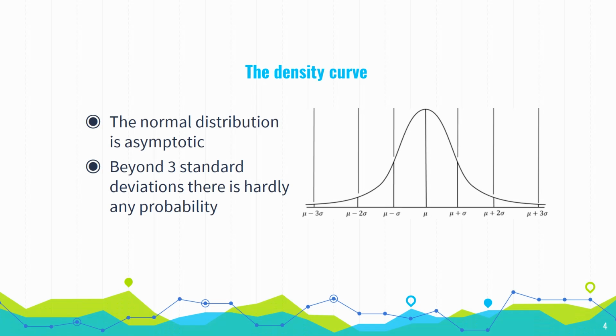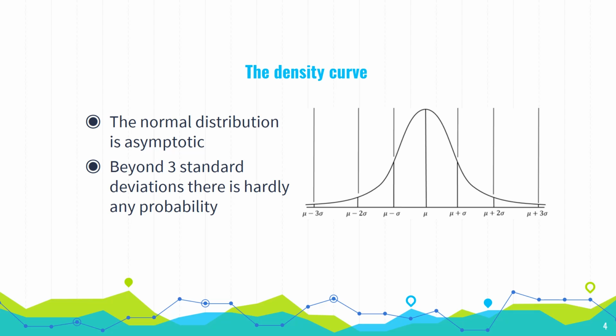Okay, here's finally a nice picture of what it looks like. It's this curve, and it looks like some other curves that we've seen. You've probably seen this before. Some of its properties: it's asymptotic, which means the curve gets close to but never actually reaches the x-axis.